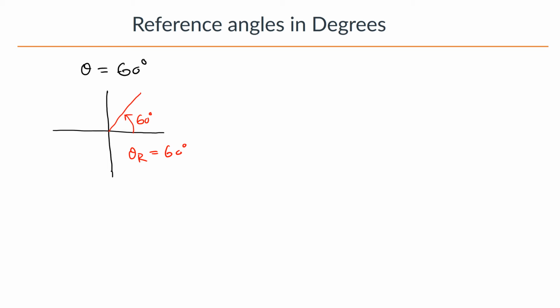Now let's look at theta equals 120. This angle is in the second quadrant, so let's draw it. The angle is given like that.